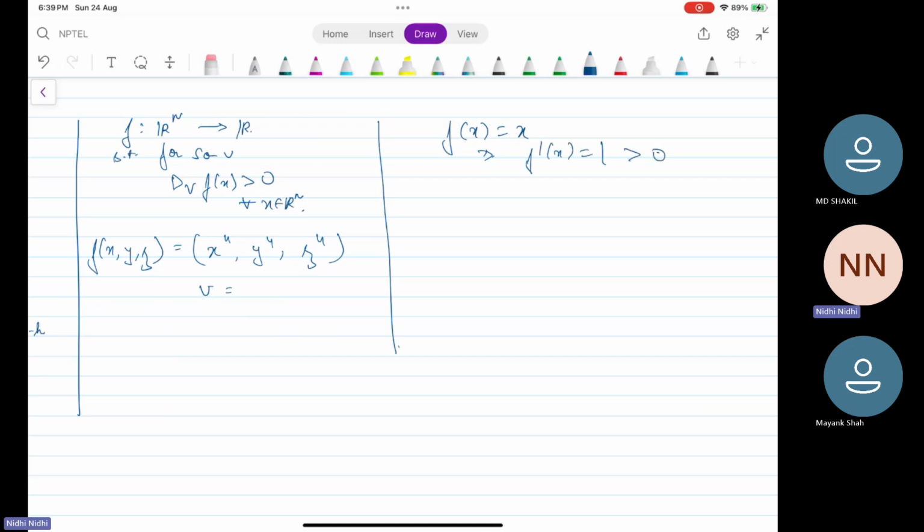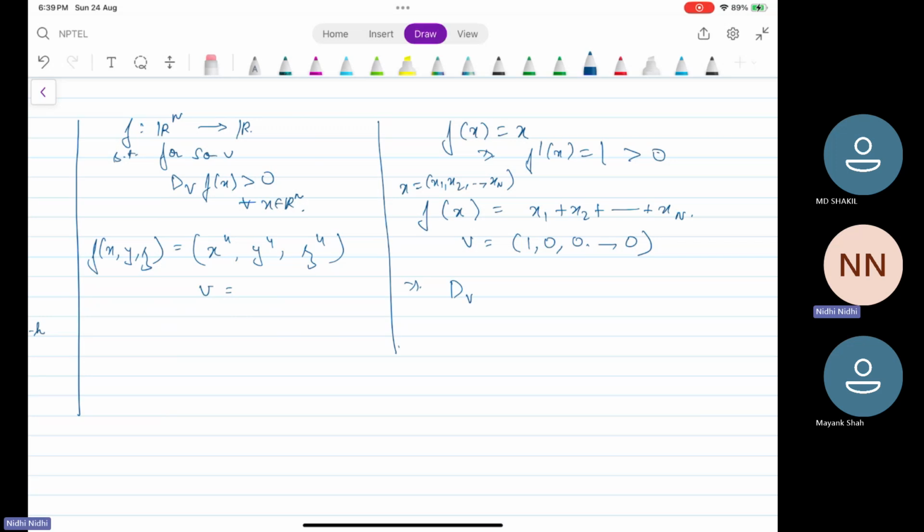So if we are working in Rn, suppose x is a vector (x1, ..., xn), I take f(x) to be equal to x1 plus x2 and so on up to xn. Now if I take v to be (1, 0, 0), we know that the directional derivative in the direction of v is the partial derivative with respect to the first variable.